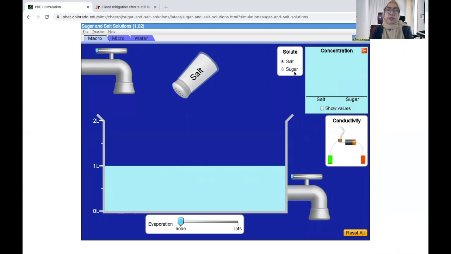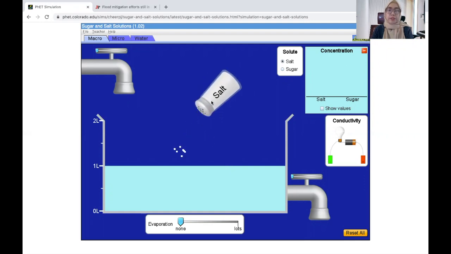First, we will try to make a salt solution. It is water, 1 liter of water, and we will give some salt in it. So we will make salt solution, larutan garam.